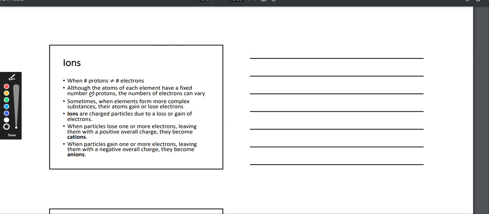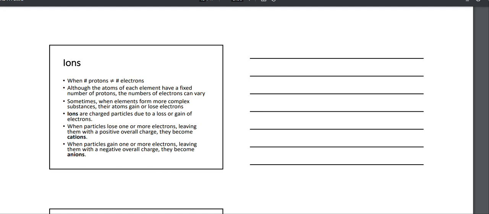I'm going to emphasize that one last time. The proton number never changes. The electrons are what we gain or lose. I don't want anyone to write in the exam or in the homework that protons have been gained or protons have been lost. Okay, so although the atoms of each element have a fixed number of protons, the number of electrons can vary, okay? Sometimes when elements form more complex substances, their atoms gain or lose electrons. So ions are more complex.